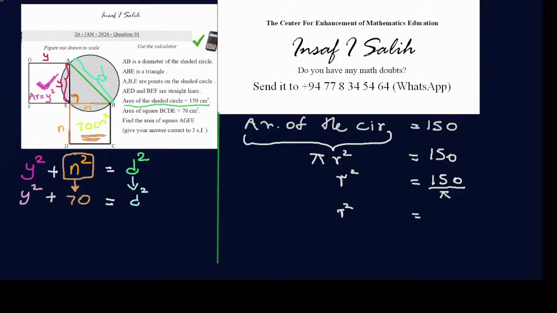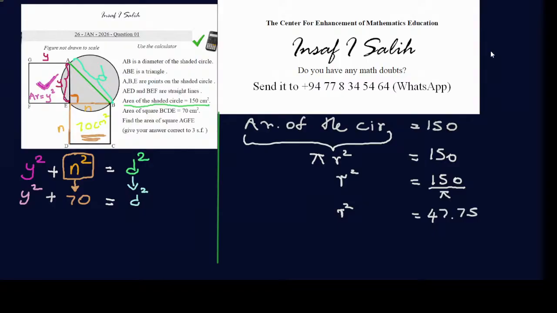Press the pi key. 150 divided by pi, we get 47.746. Let me write that to 4 significant figures, so it's 47.75. All right, that's r squared. But what I need is d squared. We know r is the radius.